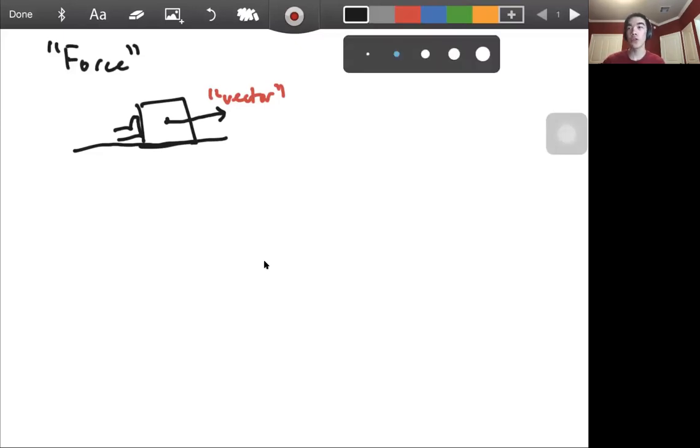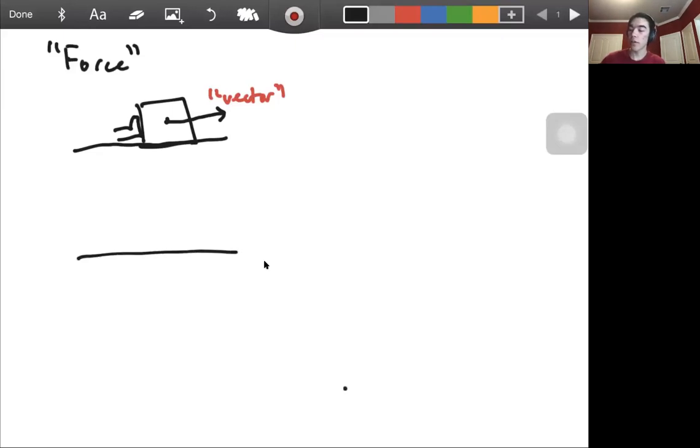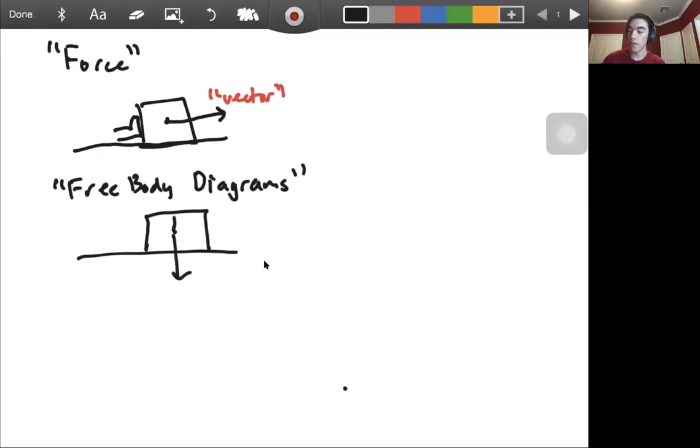Oftentimes there are multiple forces acting on an object. There can be gravity, there can be you pushing, there can be someone else pushing, there can be friction, etc. So physicists draw diagrams called free body diagrams. These diagrams are essentially a bunch of vectors drawn from the center of mass that represent all the forces exerted on an object.